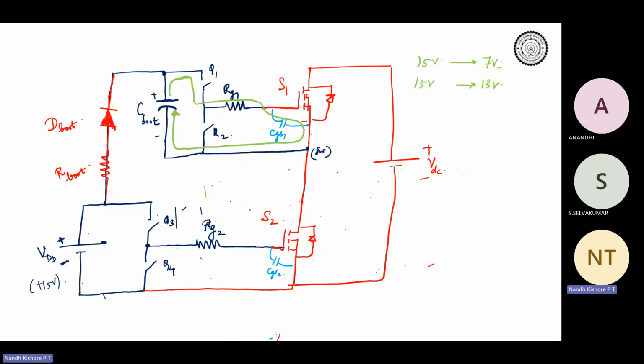The device will continue conducting. So why shouldn't I fall like this? Capacitor dielectric may get broken.